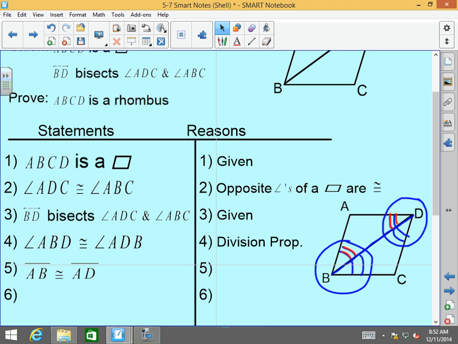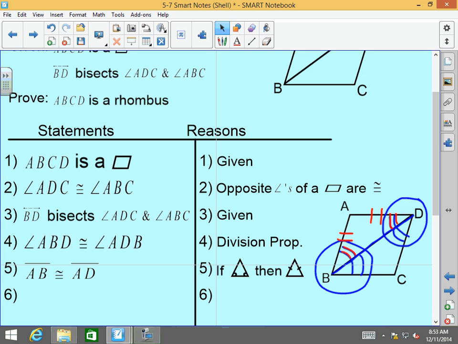Now, I know that AB is congruent to AD. AB is congruent to AD. Why? Definition of an isosceles triangle. Very good. If angles, then sides.